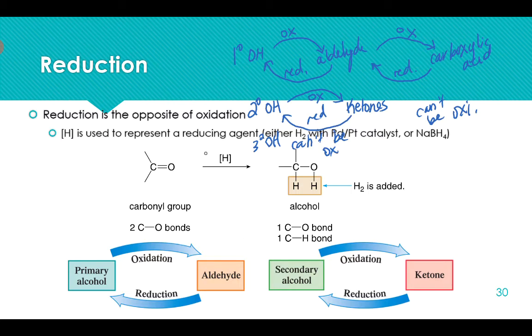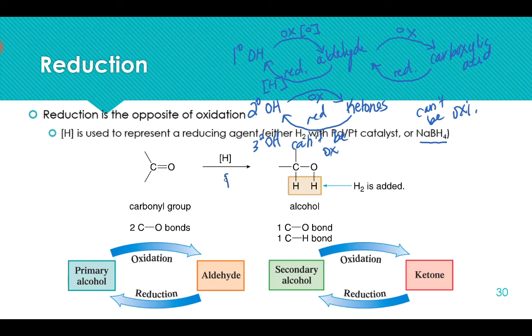So as we reduce, we're adding hydrogens across the double bond. So oxidation, you'll see an O. With reduction, you'll see an H in square brackets, or you might see things like, not Pb, that's lead.